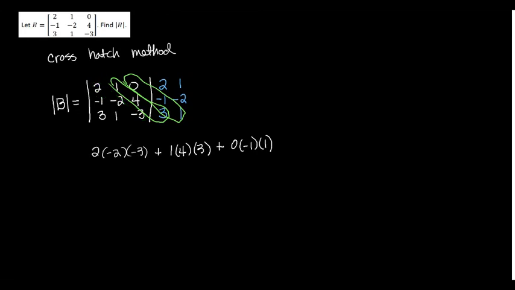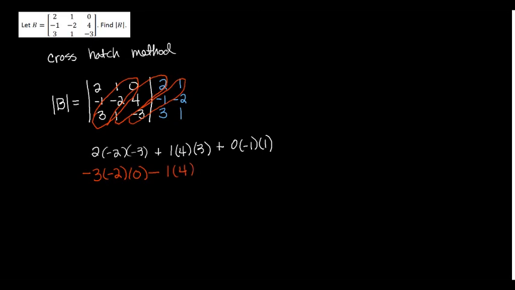Now we're going to take the other diagonals and instead of adding them, we're going to subtract them. So we'll take now these three main diagonals and subtract them. So minus 3 times -2 times 0, minus 1 times 4 times 2, minus -3 times -1 times 1.